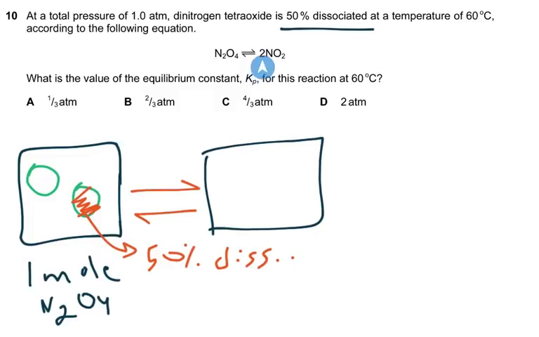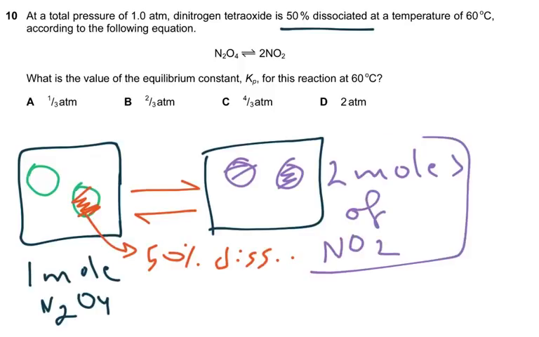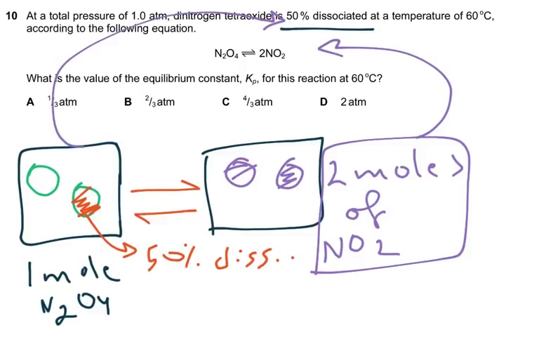How many moles of NO2 is going to be produced if 1 mole of N2O4 was consumed? Because 1 mole of N2O4 makes 2 moles of NO2, we can say safely that 1 mole of N2O4 produces 2 moles of NO2. They split into 2, so let me draw that. So here we have 2 moles of NO2.